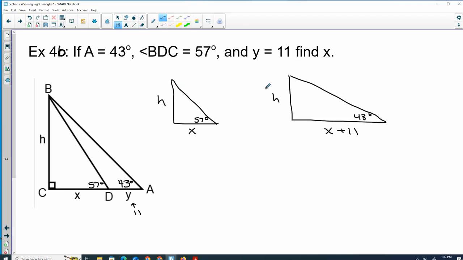Again, we don't know a side in either triangle, so we're going to have to get them equal to the same thing. Starting with the smaller one, the tangent of 57 equals H over X, so H is equal to X tangent of 57 degrees.